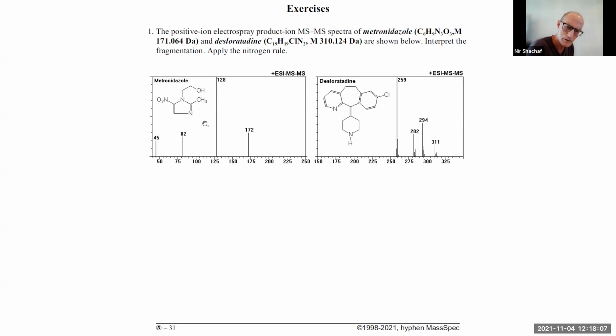And then basically we are left still with an even mass, which corresponds with the nitrogen rule. So we are still okay. And then the next fragment 82 is a mass difference of 46.